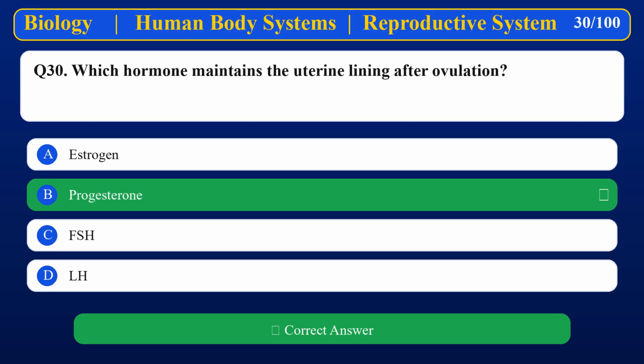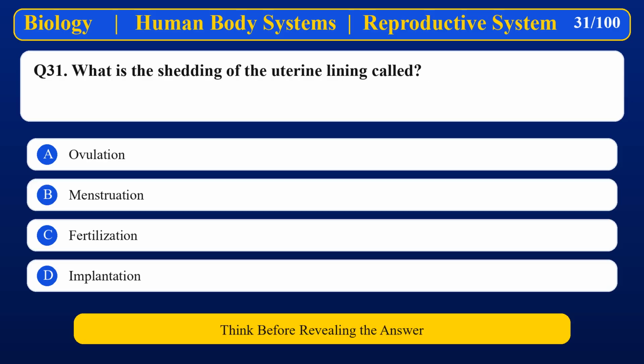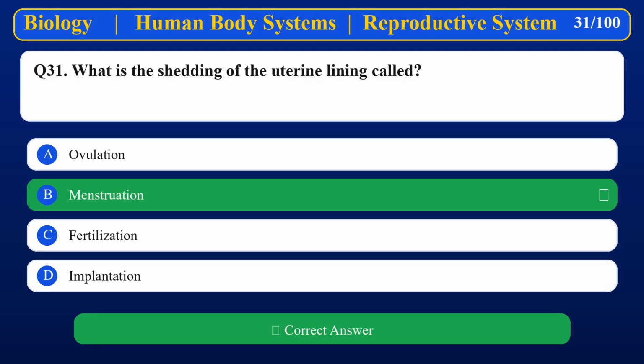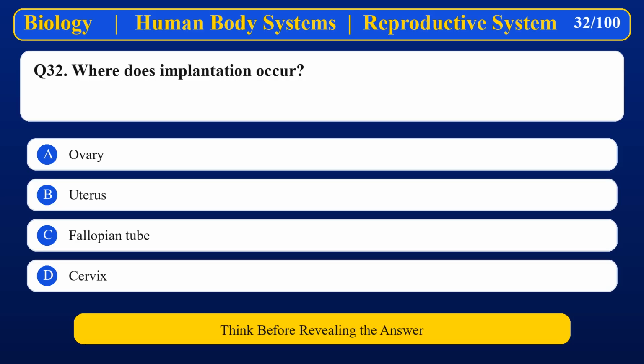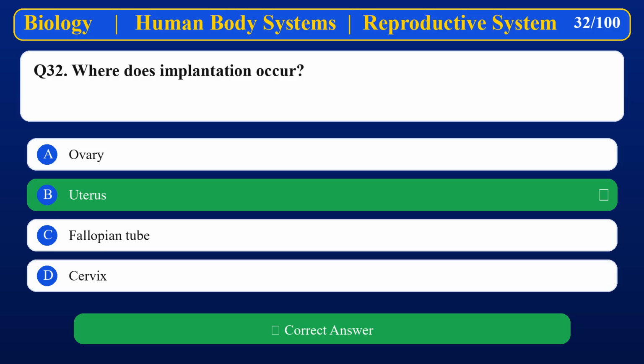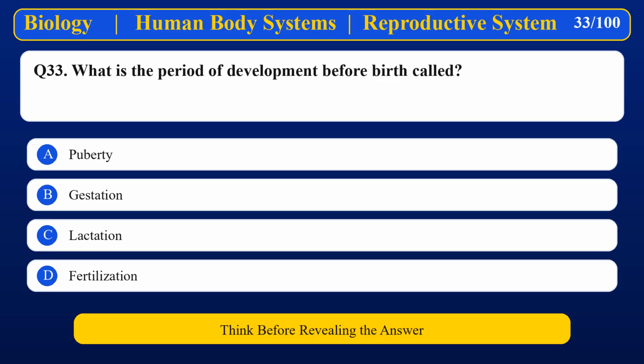Which hormone maintains the uterine lining after ovulation? Progesterone. What is the shedding of the uterine lining called? Menstruation. Where does implantation occur? Uterus. What is the period of development before birth called?